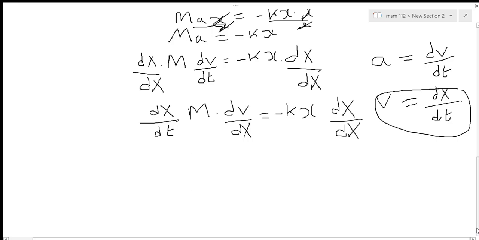Let's hope you are following. Here, where there is dx/dt, we are going to put v, because dx/dt is equal to v. So this will be v times m times dv over dx is equal to negative kx dx over dx.